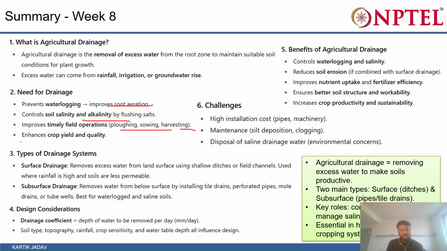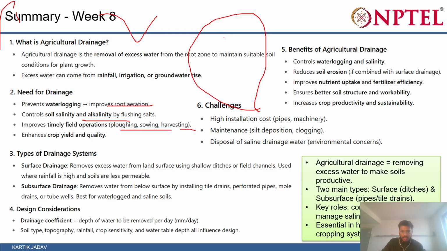In general, there are two types of drainage systems. The first is surface drainage, and the second is subsurface drainage. Surface drainage removes excess water from the land surface using shallow ditches and field channels, right? Suppose you have farmland like this, and you need to remove excess water from it.